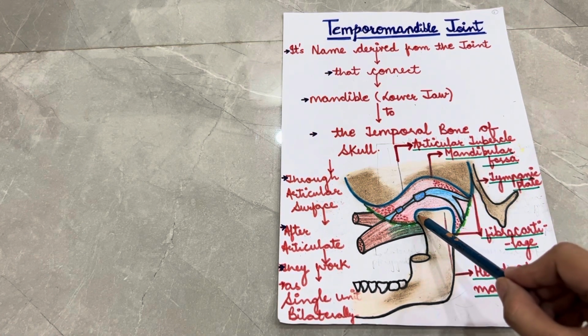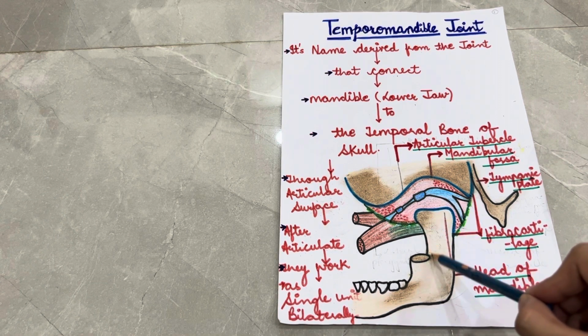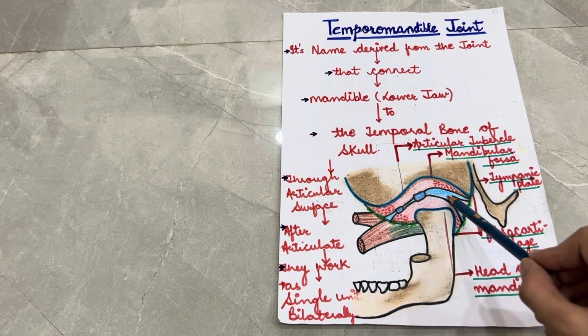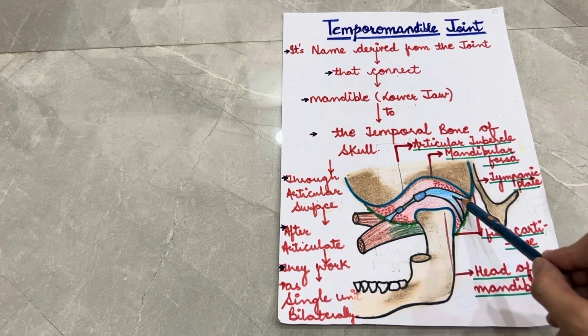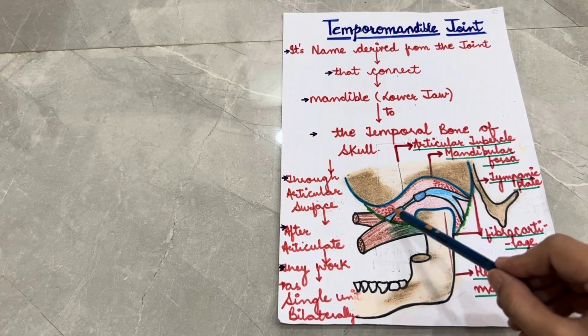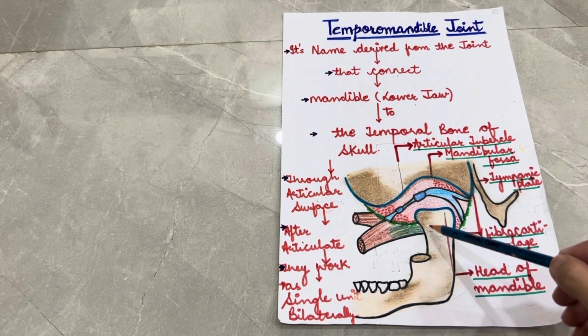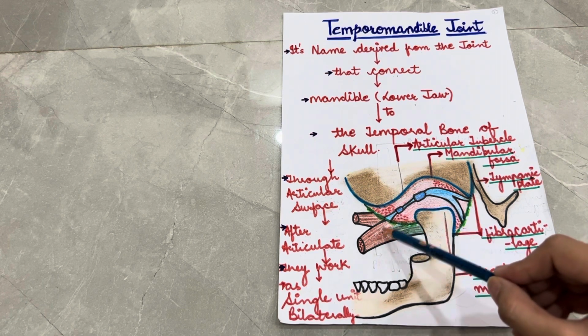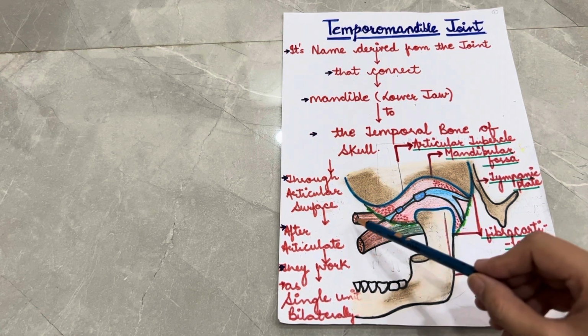This one is the head of the mandible, and this is the mandible. This structure in blue is known as the intra-articular disc. These two bony components are covered by fibrocartilage tissue. And this muscle here is the lateral pterygoid.